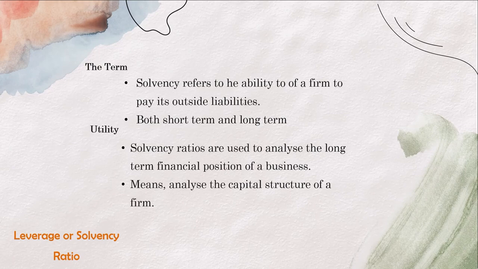Capital structure is the combination of equity and debt used by the company in order to finance their operations. So we can say that the capital structure is a combination of debt and equity.